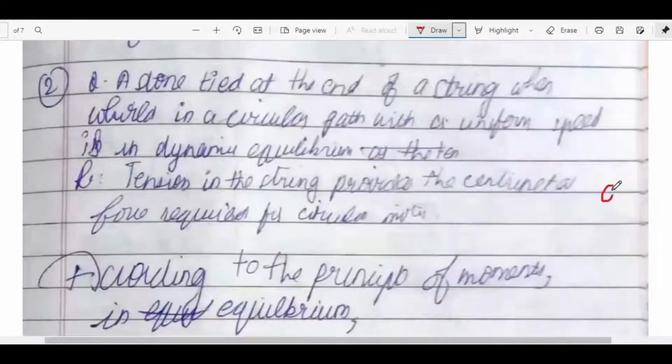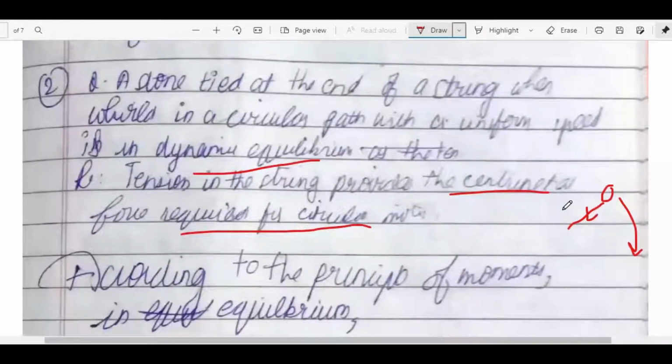Similarly, a stone tied at the end of a string, when it is whirled in a circular path with a uniform speed, is in dynamic equilibrium. The tension in the string provides the centripetal force required for the circular motion. So the tension applied is equal to the centripetal force.